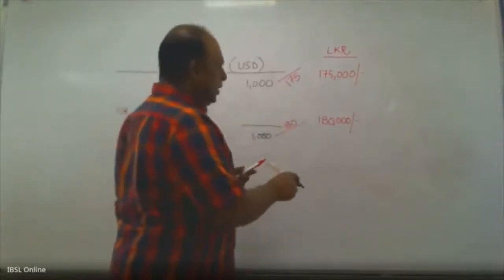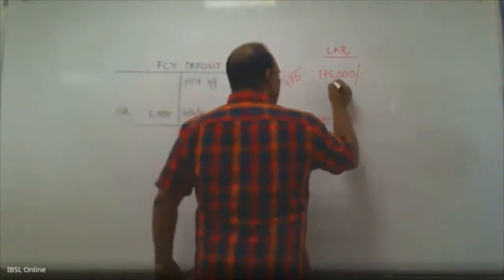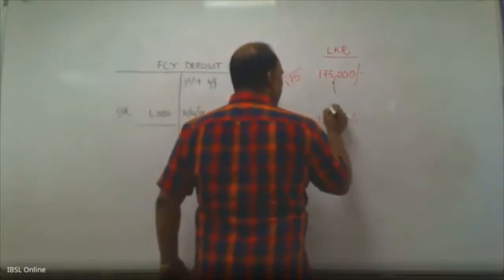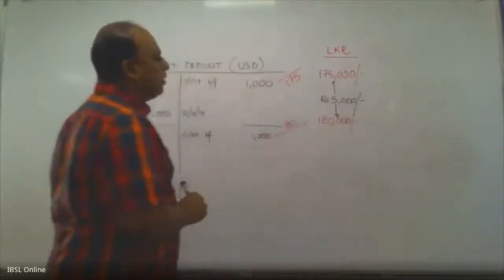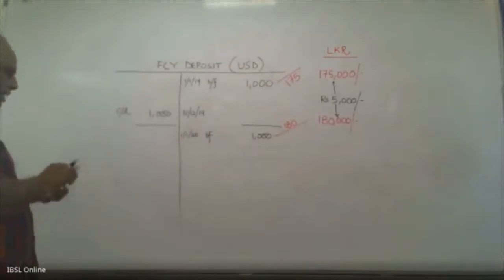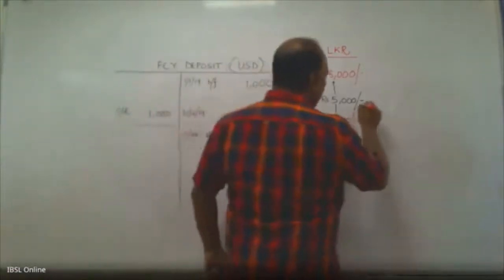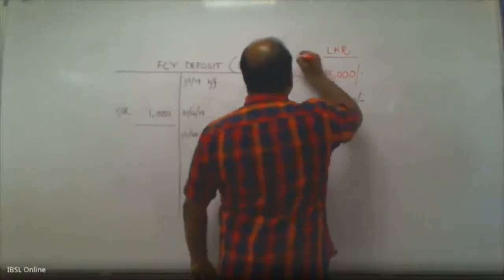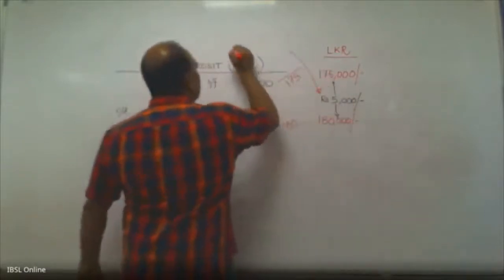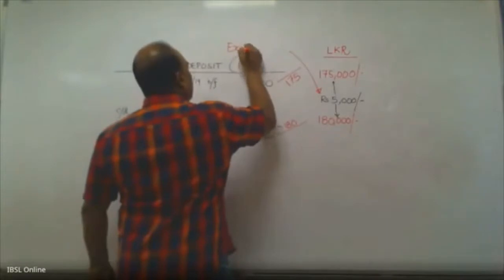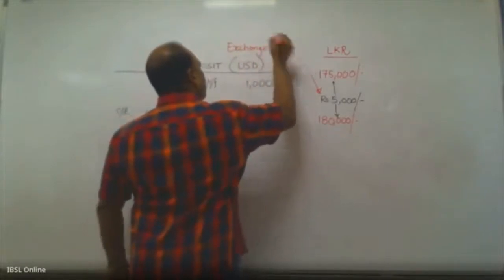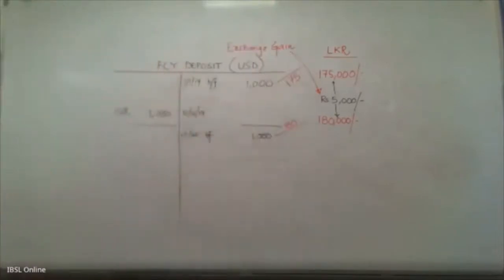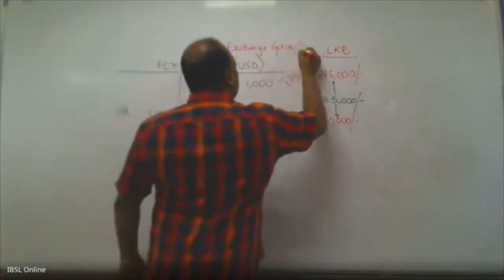Now you see there is a difference of 5,000 rupees. What is that? That is known as exchange gain, which goes into the P&L.